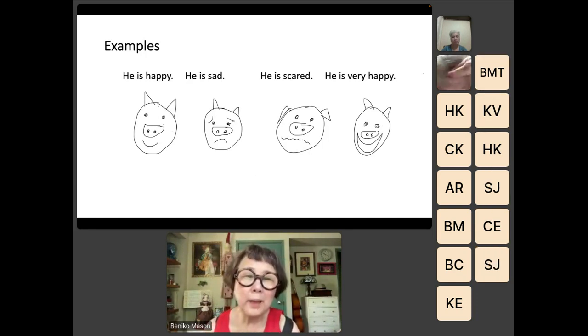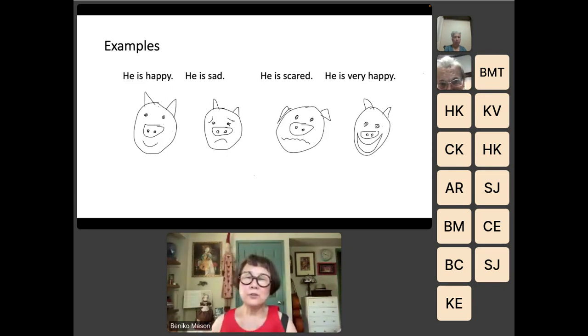But anyway, the happy face is easy, just a happy face. It's a happy pig, and the happy pig became sad, and so you just change the eyebrows and the shape of the mouth, and that's all. The eyes and nose are the same. And if he's scared, then you just change the shape of the mouth.